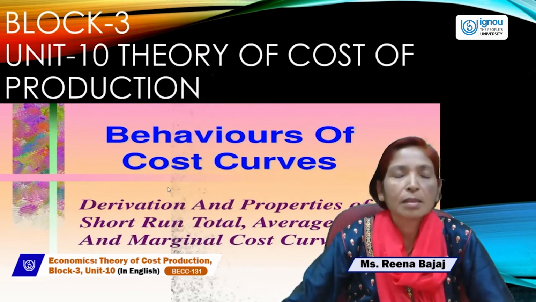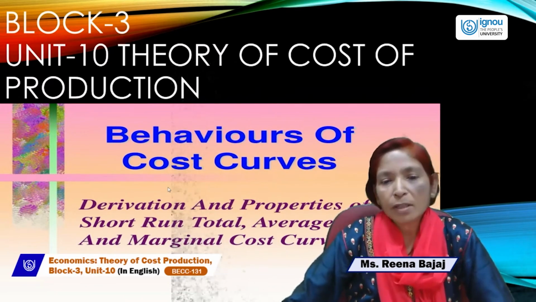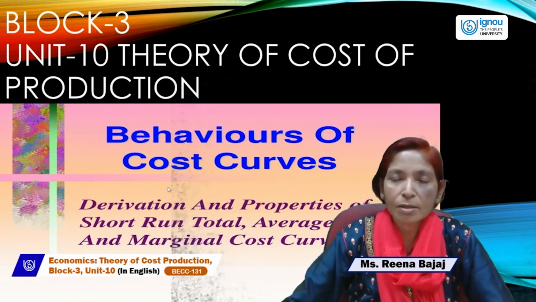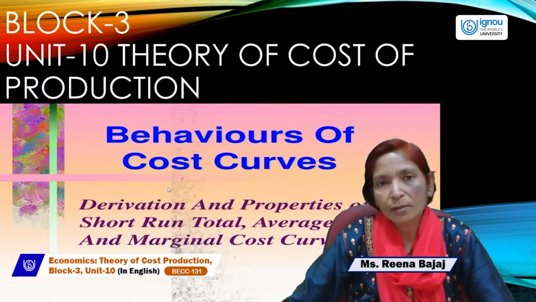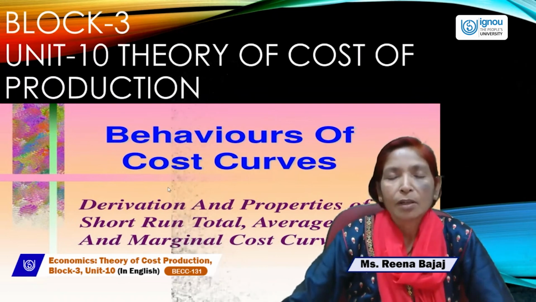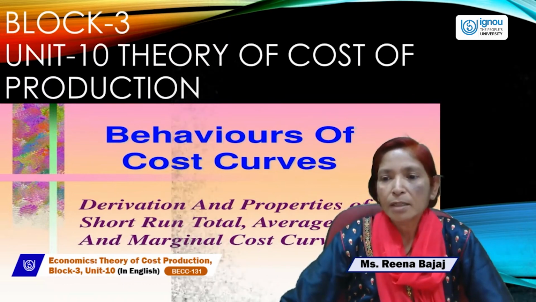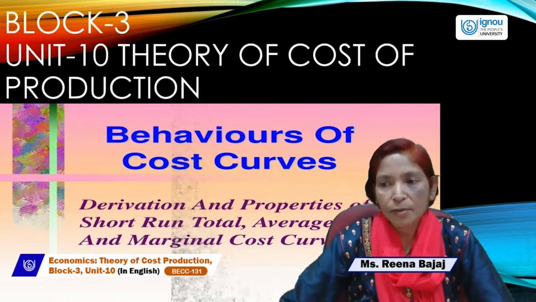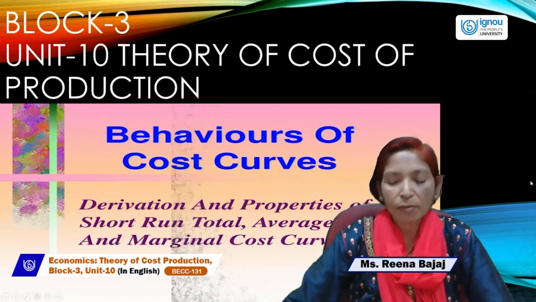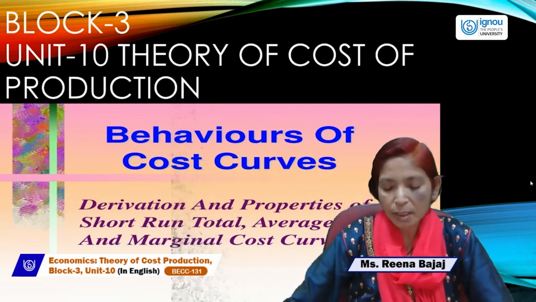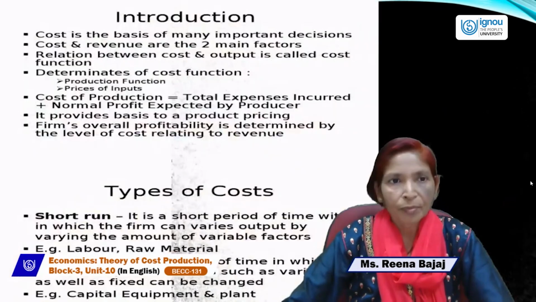In this unit, on the behavior of cost curves, we will discuss the derivations and properties of the short-run total cost curve, average cost curve, marginal cost curves, short-run cost curves, and the relationship between short-run cost curves and long-run cost curves, and the meaning of different types of cost, and in simple words, what is the meaning of cost.